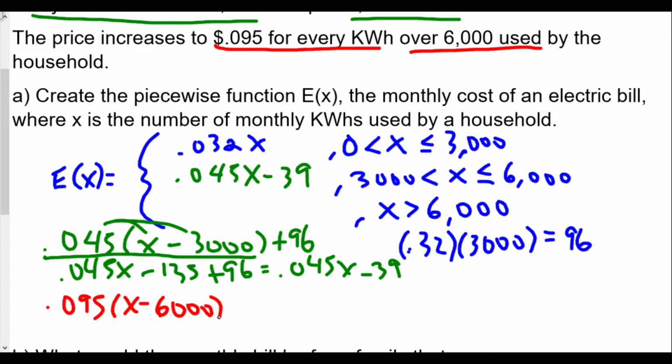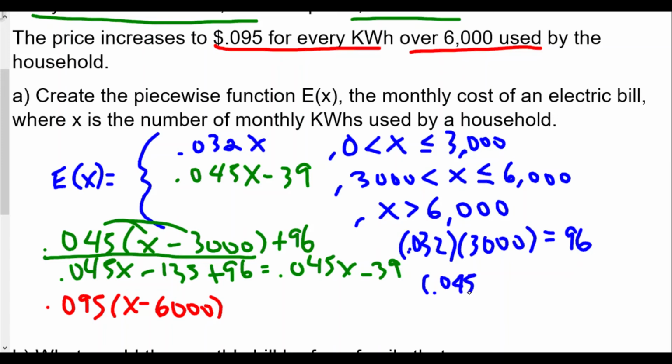But then again, we have to incorporate the prices from before. So we had 0.032 times 2,000 equals 96. Sorry about that, ladies and gentlemen, it should be 0.022 and 0.045. You're wondering why the number worked out that way.